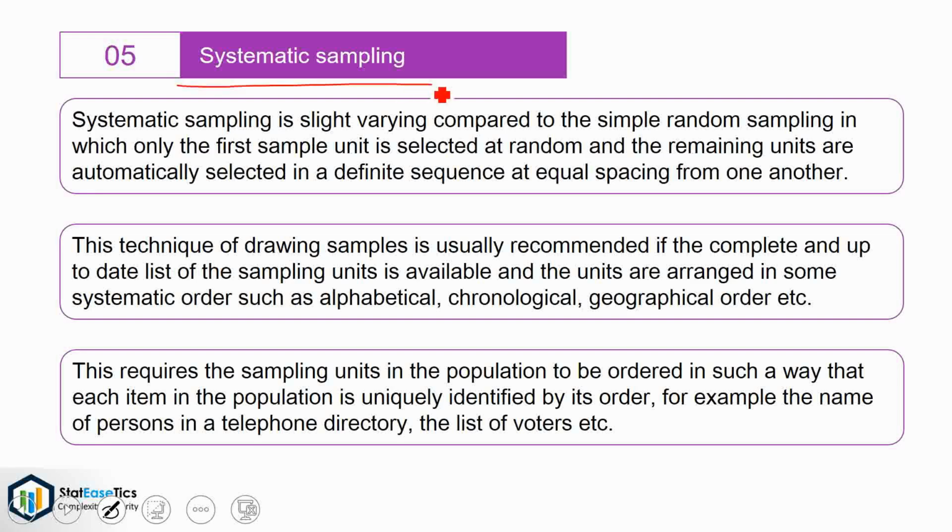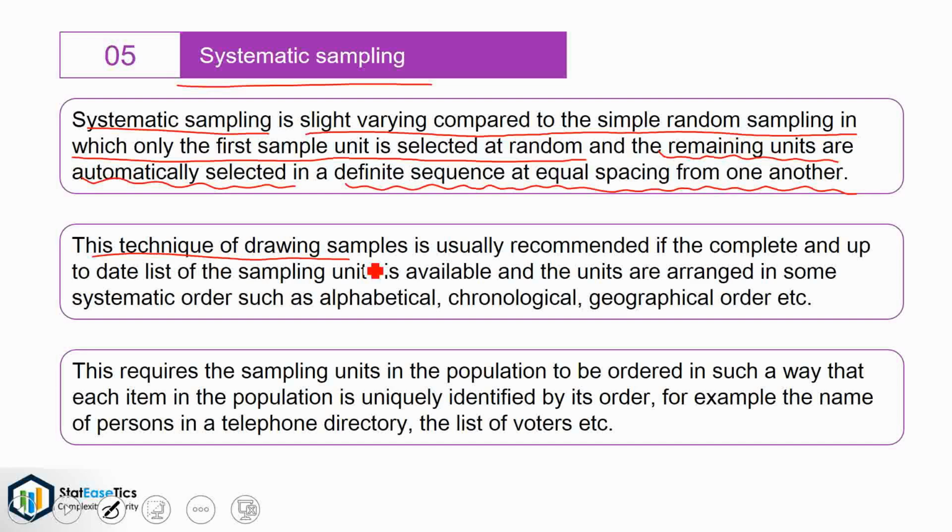Systematic sampling. Systematic sampling is a slight variation of simple random sampling, in which only the first sample unit is selected at random and the remaining units are automatically selected in a definite sequence at equal spacing from one another.